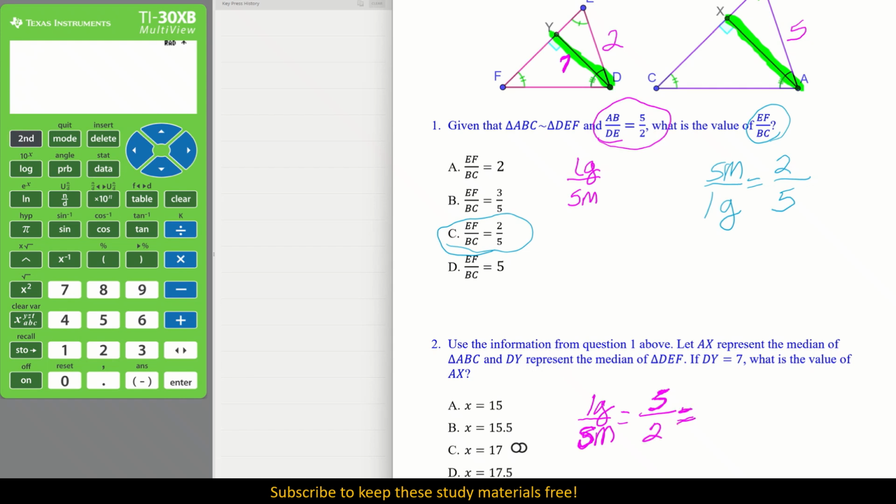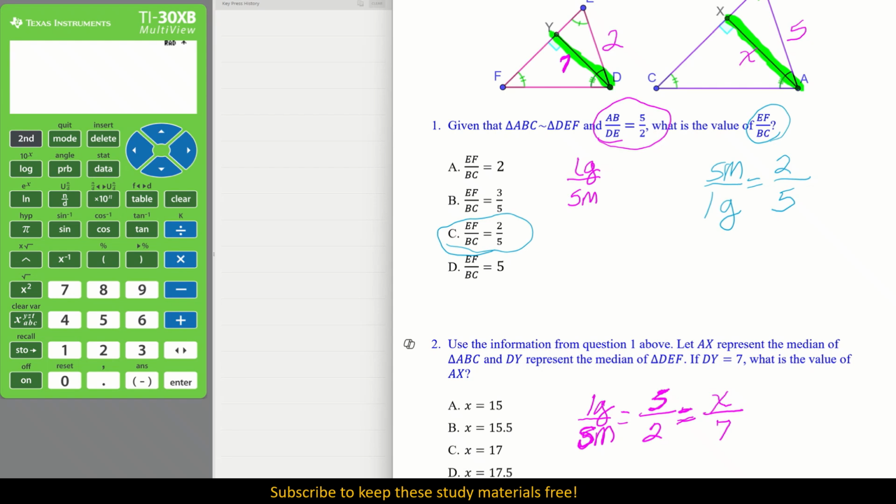Now our question says, let's look at those median distances, right? That's what it's telling us to do. Okay, fine, I'll look at that distance. For the large, we don't know. That's just I don't know, X, right? Okay, but for the small, they did say, hey, you have 7.